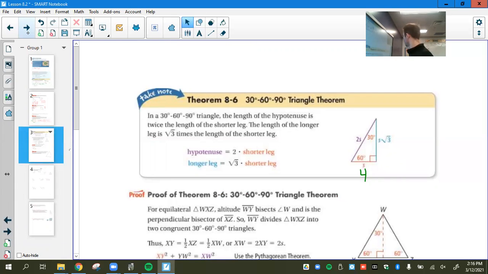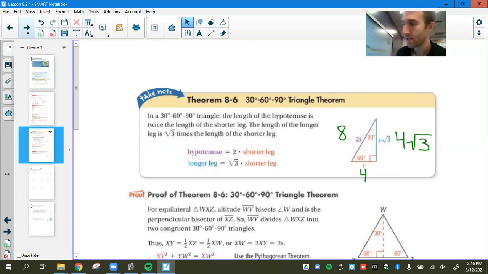So if that's 4, that's 8. Easy, right? However, the middle side, or the longer of the two legs, is the shortest length times √3. So again, the shortest length is half the length of the hypotenuse, and the longer leg is whatever the shorter leg's length is times √3.